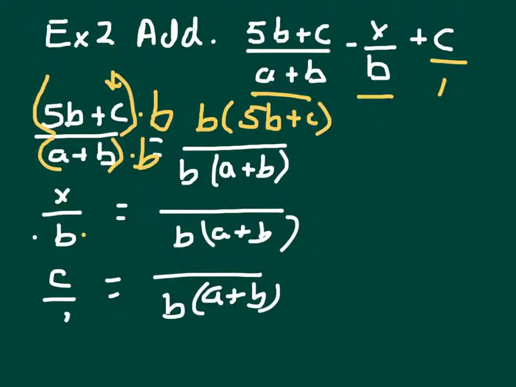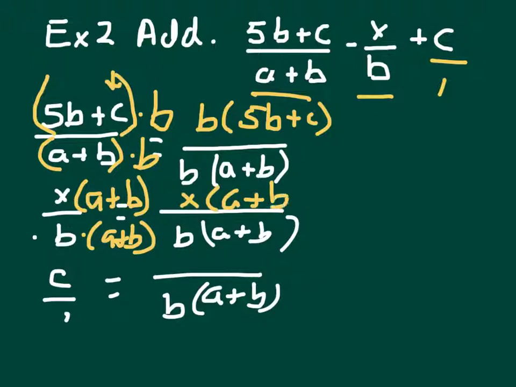Now b times what? Well, I need the a plus b, that married couple, so I need it in parentheses like that. And finally, in the bottom one, I need everything. So I need to multiply that c by, and it's okay if I just write b and then a plus b. So I have cb or bc parentheses a plus b.